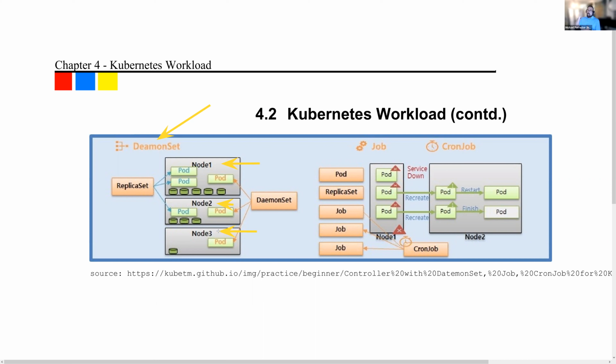If you need to make sure, for example, that every single node has a logging agent on it, or a security scanner on it, you're going to use a daemon set. Daemon sets ensure that every single node in the cluster has the software in question. That is one type of workload.